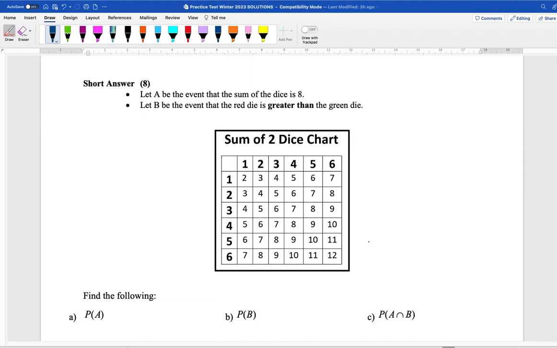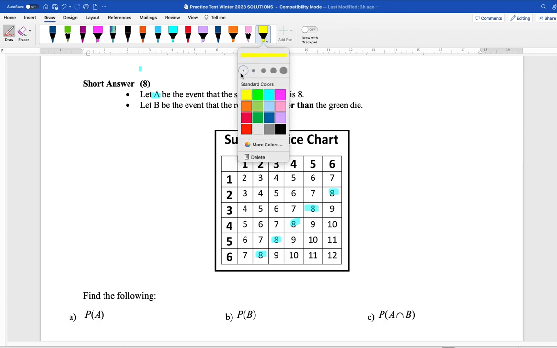Next up. Wow. Let me get my highlighters out here. Oh, that's a big highlighter. Let A be the event that the sum of the dice is 8. Okay. So we're looking at these ones right here. Let B be the event that the red die is greater than the green die. So let's rewrite this.